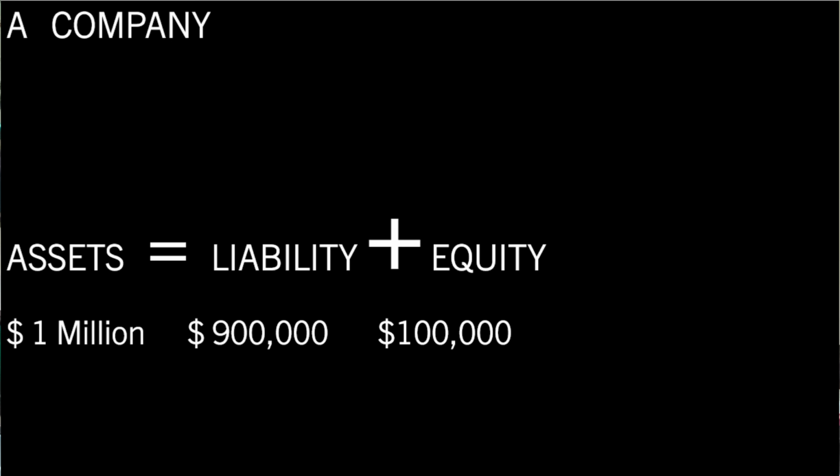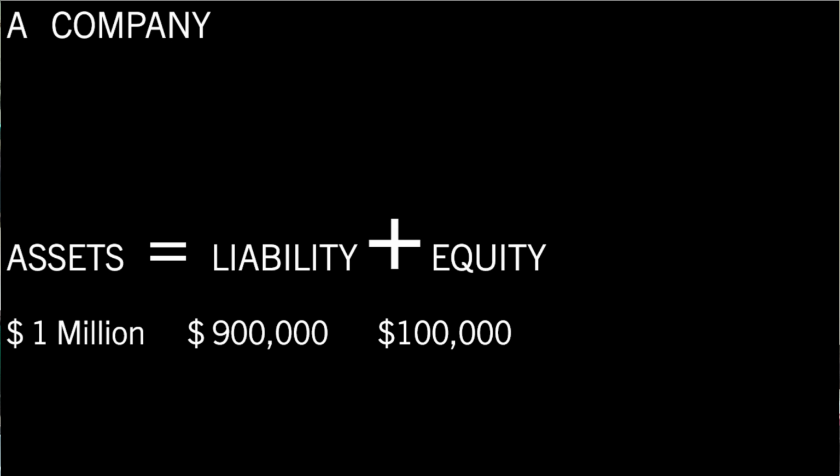Now let's say that property is able to generate a profit of $20,000 through renting per year. It means it has made a profit of $20,000 for that year. From this information, we are able to calculate the return on equity, ROE.